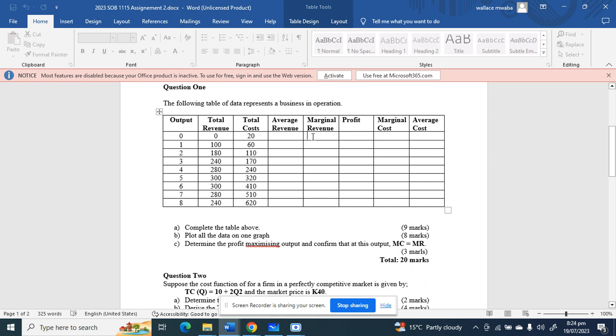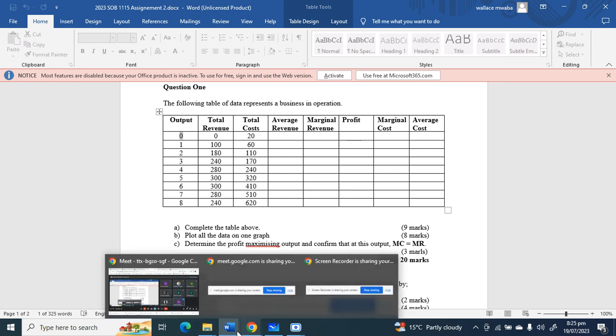Here, there's not going to be any marginal revenue because we do not have anything before this. Profit, total revenue minus total costs, 0 minus 20. The profit is negative 20. Marginal cost, there won't be any figure here. Average cost, total cost 20 divided by output, it will be 0 here on average cost.